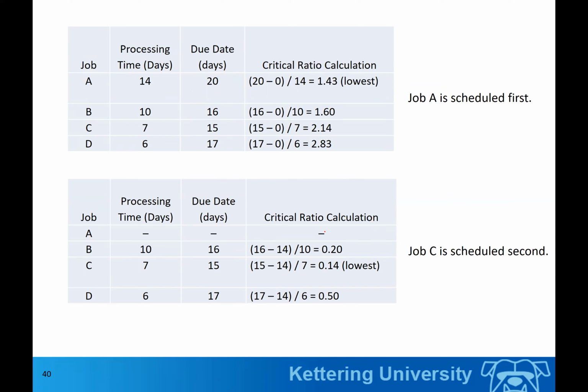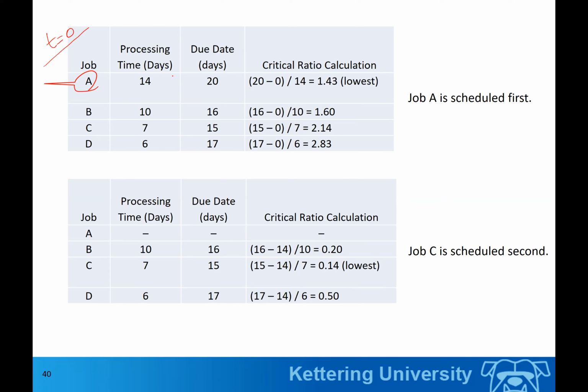So first, we have job A, okay? What you need to do is to see how much time you have till the deadline and how much you need to spend on processing time. Right now, the starting point of your scheduling, as we said, is time equal to 0.